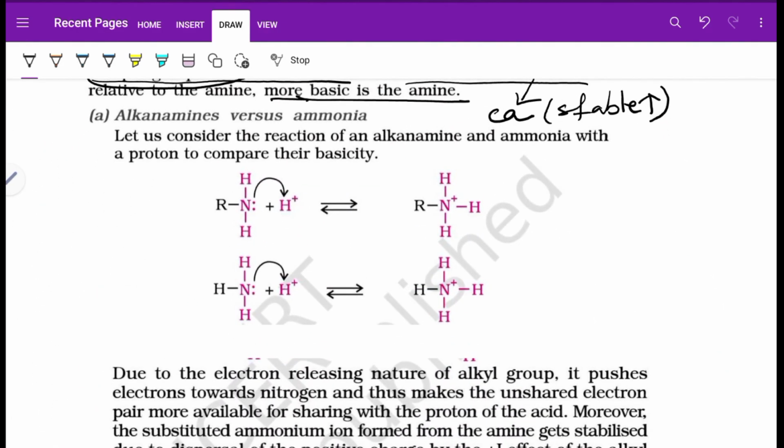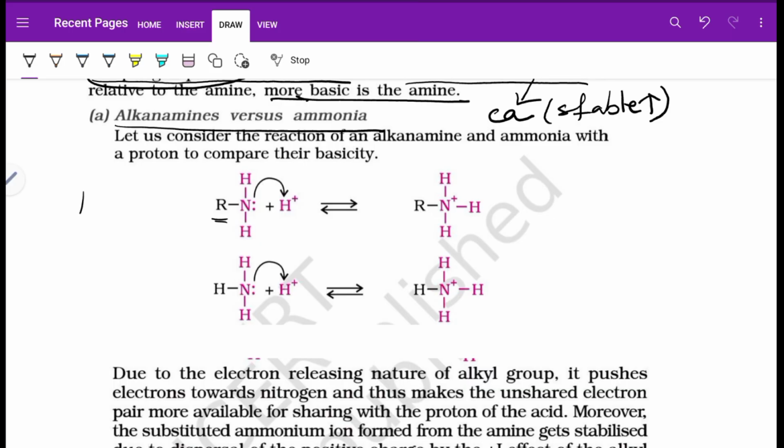So, alkanamines versus ammonia. Alkanamine means an amine which is substituted by alkyl groups. So this is the alkyl group and it is an alkanamine.